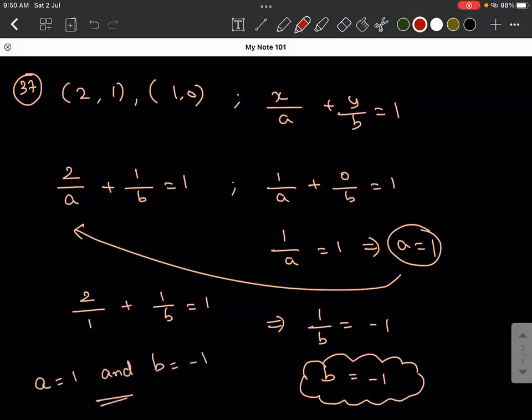How did? See, 1 by a because I substituted this point here. In the place of x, I substituted 1. In the place of y, I substituted 0. So 1 by a plus 0 is equal to 1, which implies 1 by a is 1. Now take the reciprocal, a will be 1. Got it? Yeah.